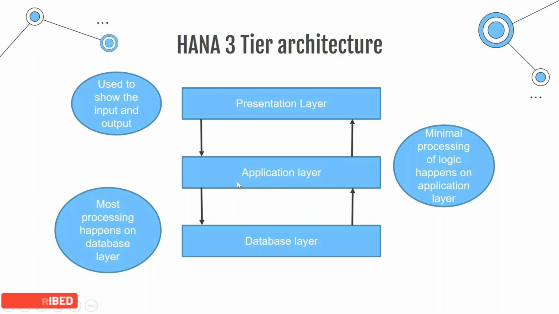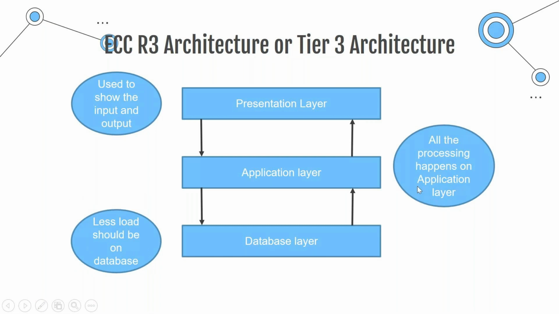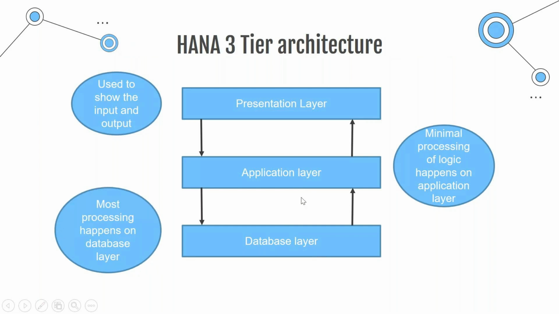In an ECC system, all the logic processing will happen on the application layer. But in HANA architecture, we have to make sure that minimal logic processing happens on the application layer. We can put as much load as we want on the database.